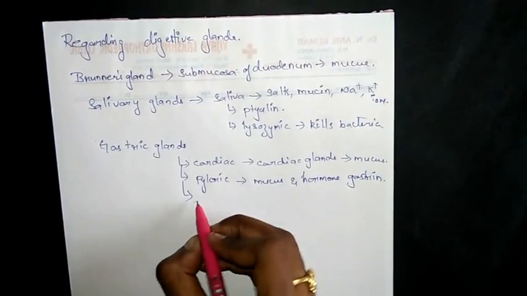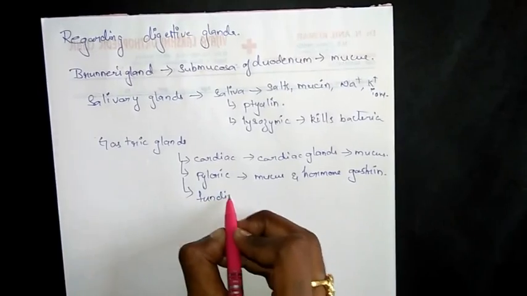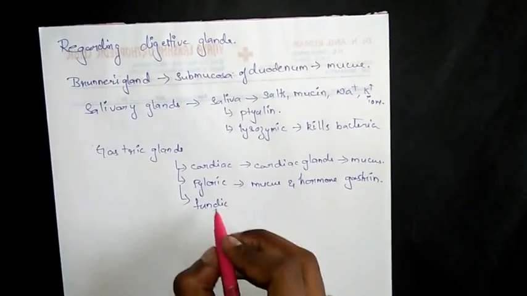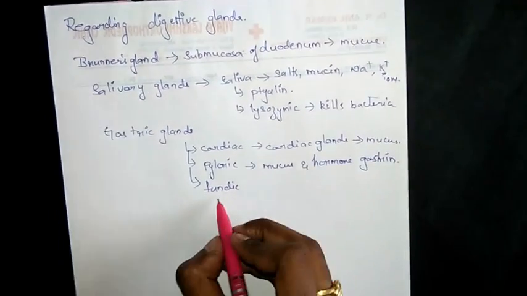And the third region, fundic, has three types of cells.